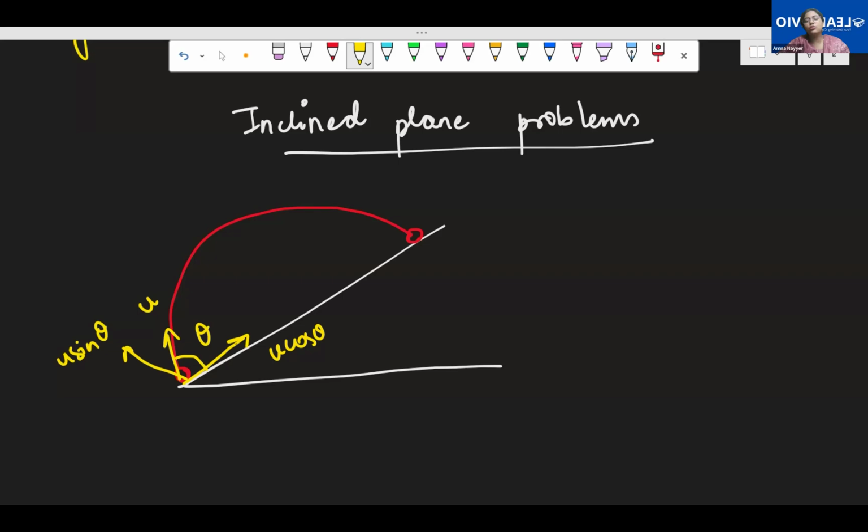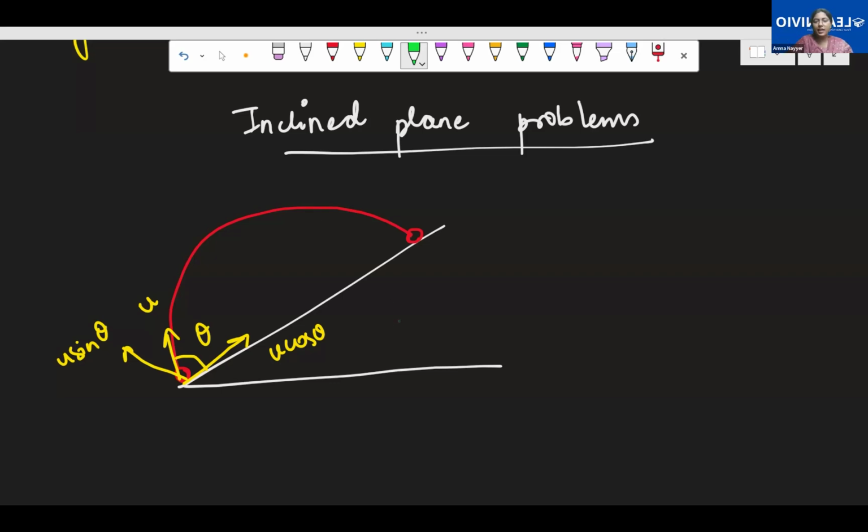When we resolve the acceleration due to gravity, this also needs to be resolved because now your g is not just directly pointing towards the ground. You'll have to take components perpendicular to the plane and parallel to the plane, as we discussed in laws of motion also, that everything has to be resolved perpendicular and parallel to the plane.